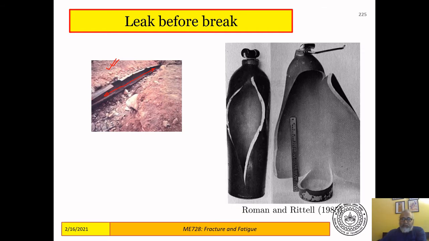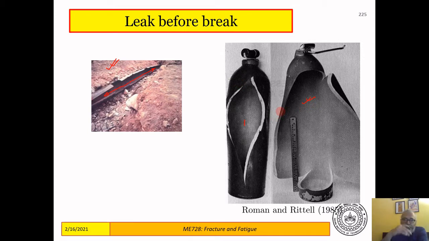Here are some more examples. Maybe a crack started somewhere here, then grew along the length of this pressurized vessel, and caused catastrophic failure, as it did in this case. So these are the kinds of situations that we want to avoid.